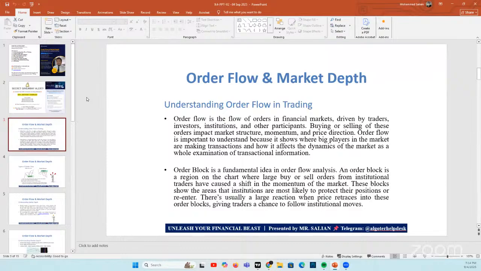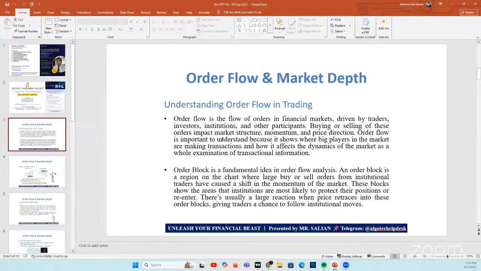These are the things I'm talking about. And for banks, large institutions, hedge funds, they will put these orders by the millions, huh? By the million, tens of millions, hundreds of millions. And this is what drives the market, driven by traders, investors, institutions, and other participants.